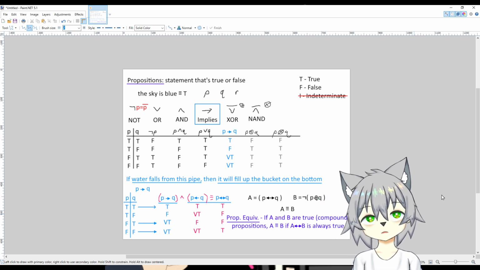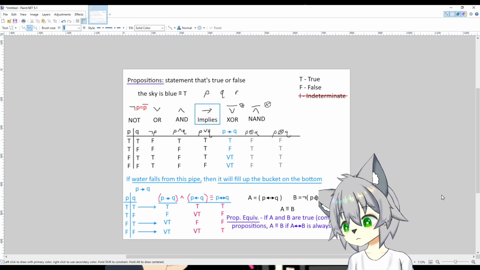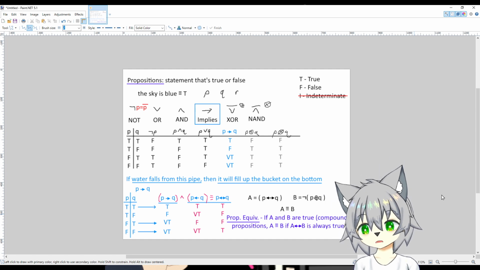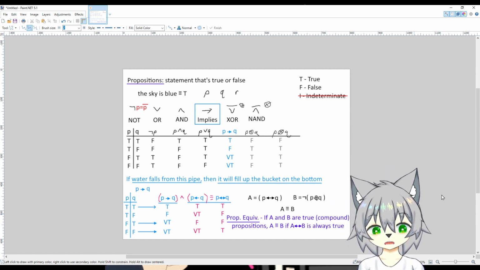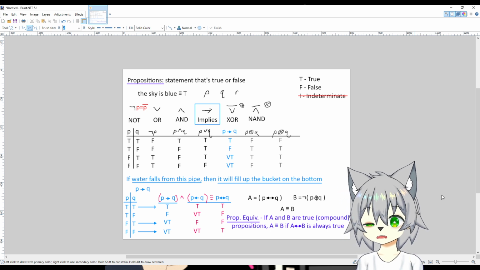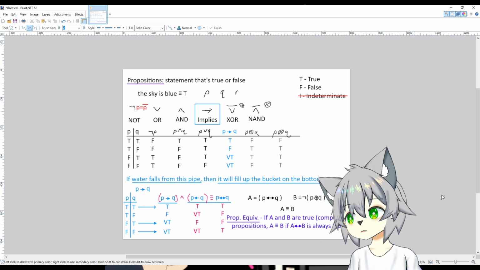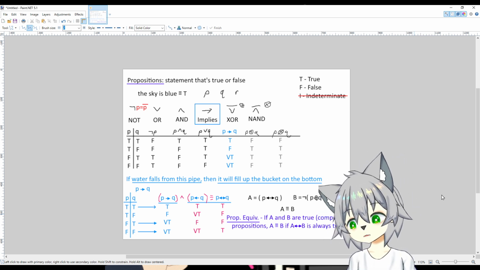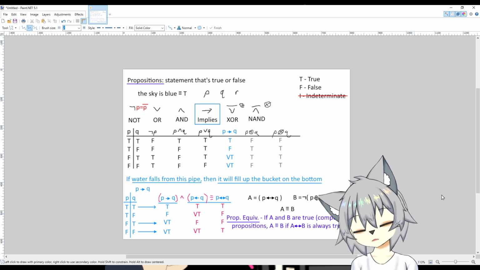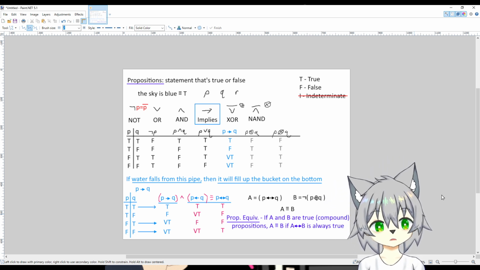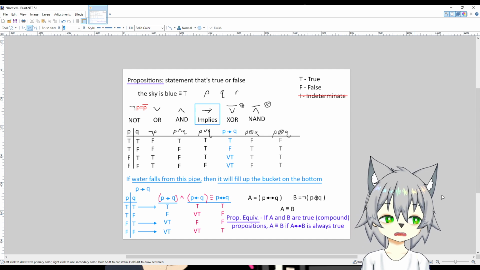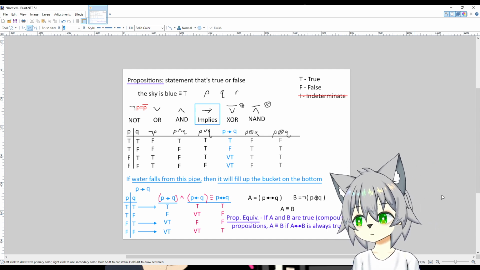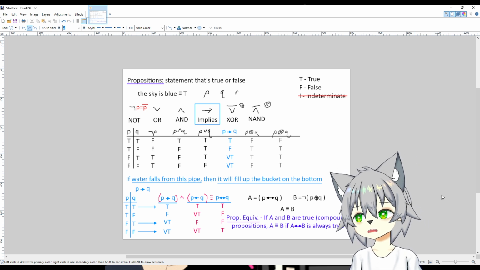I hope I didn't bore you guys too much, but this is basically all there is to propositional logic. It is a fairly simple introduction. There's only two truth values. We're not going to consider indeterminate. And by the way, there are other truth values. There's 4-value truth logic and 5-value and stuff like that I could not wrap my head around, and it made my head hurt.